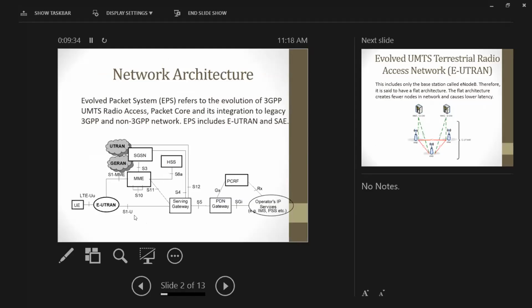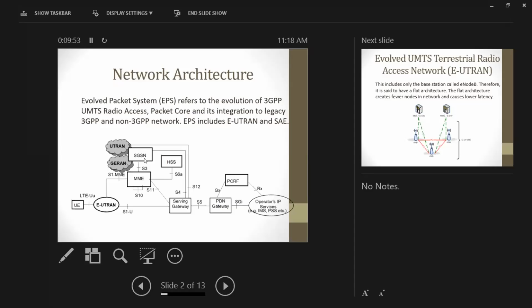Now you have the coexistence of 2G and 3G networks. So you have GERAN and UTRAN, and they also have some core network component. Their core network component is called SGSN.